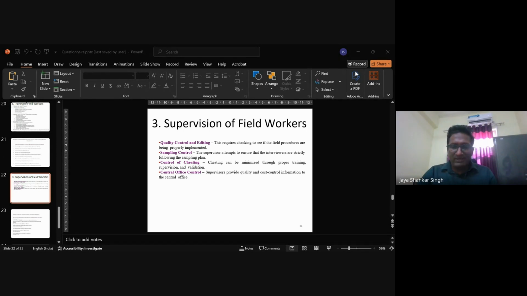So you may not have proper representation in your sample, but you will get good research output. I'm just giving you this example so as to make you understand that convenience sampling is not always incorrect. If convenience sampling is used, it doesn't mean the research will be bad. There is nothing like that.